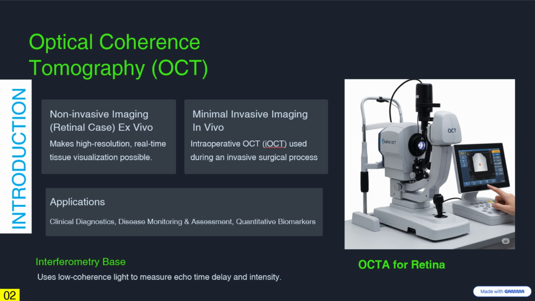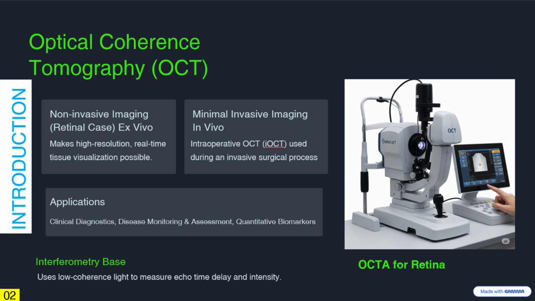Here is OCT, or optical coherence tomography. OCT is usually used as a non-invasive imaging technique, especially in retinal cases. It can also be a minimally invasive imaging method in vivo, for example in brain surgical procedures. The applications of OCT include clinical diagnosis, disease monitoring and assessment, and of course biomarkers.